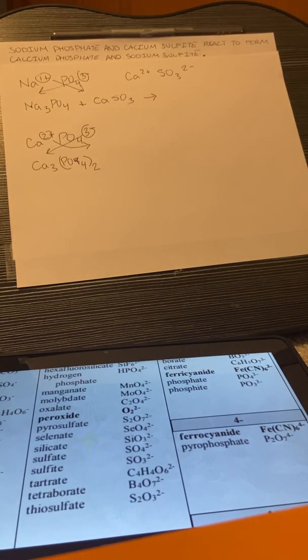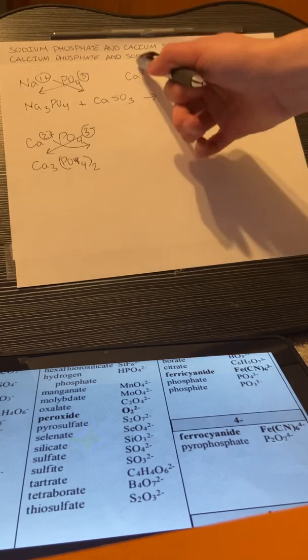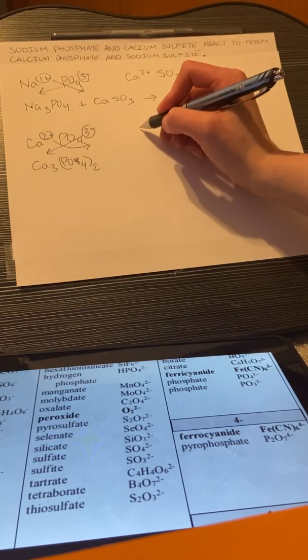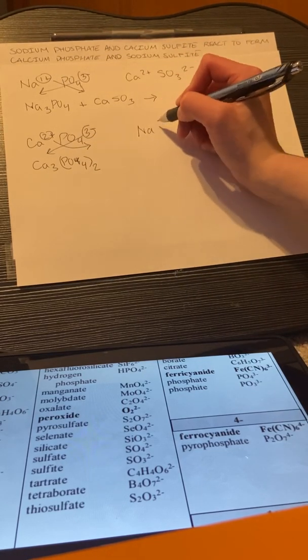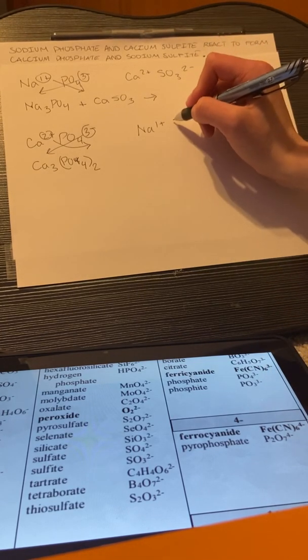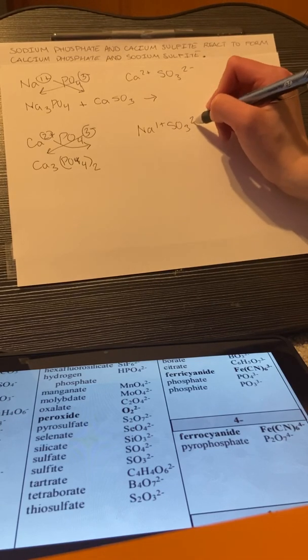And then the next part that you're going to do is sodium sulfite. We've already found sodium on our periodic table. Sodium we found is Na with a 1+ charge. And we already found sulfite on our polyatomic ion sheet, and it is SO3 with a 2- charge.